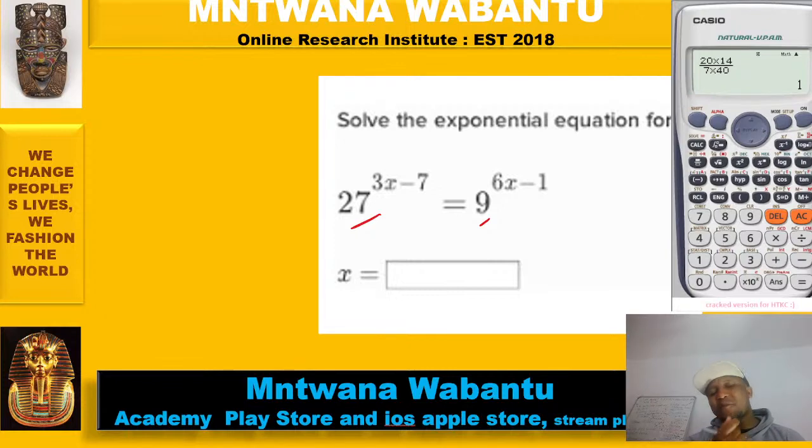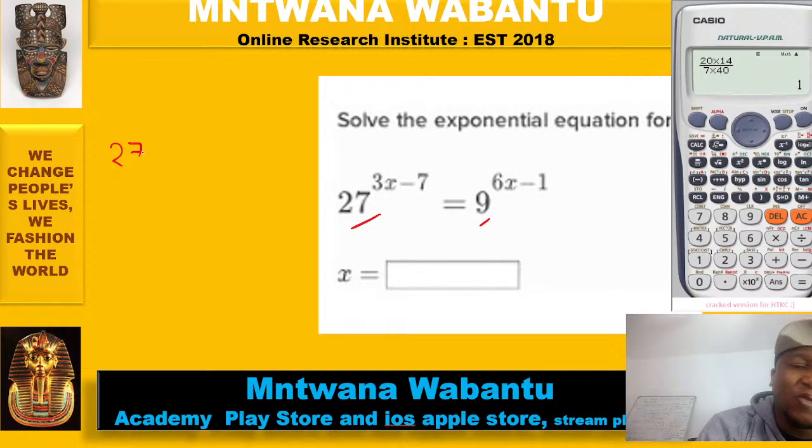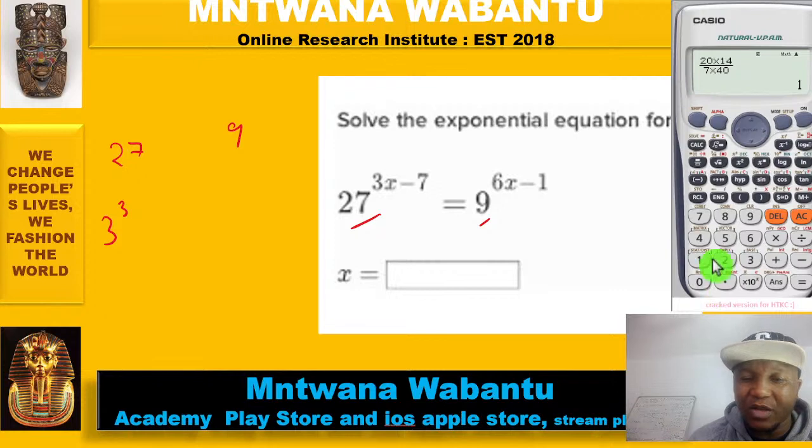So I'm going to have to think, which number there should I break so they both can have the same number? Look, if I take 27 and 9, which number is common? Base of 3 is common for both. So I'm going to say 27 equal to 3 cubed, because look, you can put it in the calculator if you don't know. 27 equal to 3 power which number?